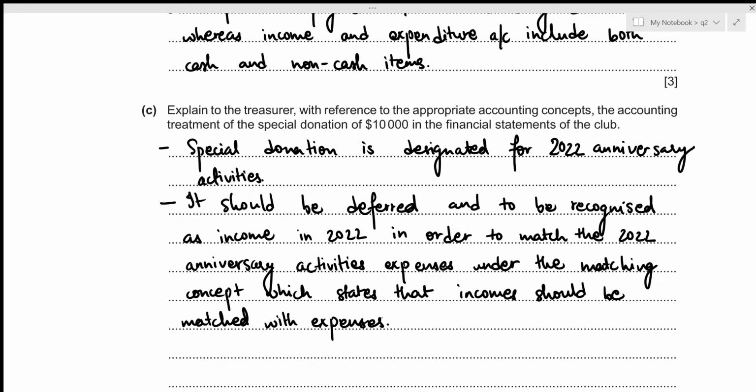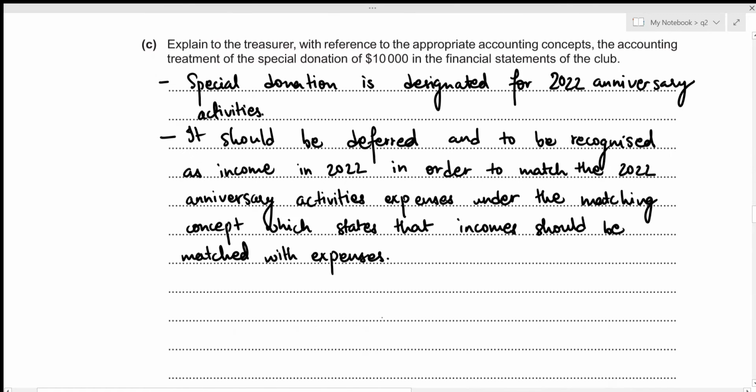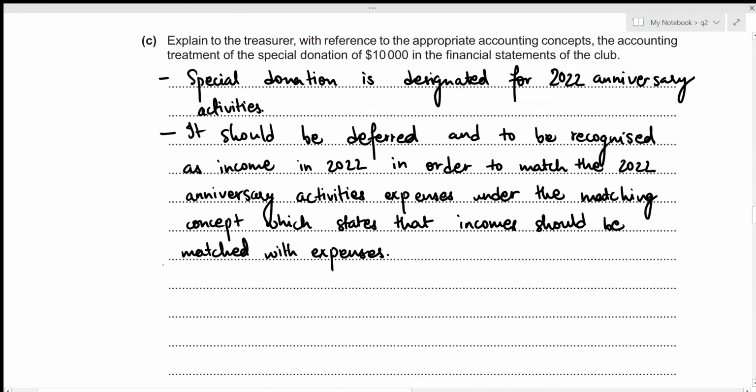And we concluded that it should not be recognized as income in 2020, right? So how do we record this? In this case, we need to record this as a deferred income or fund in the 2020 statement of financial position, which we will use in the year 2022. Let's write it down.